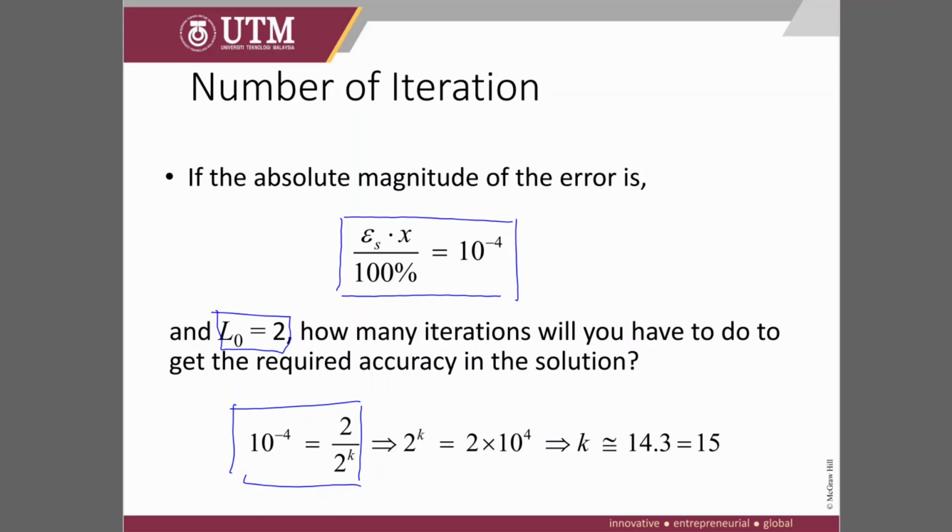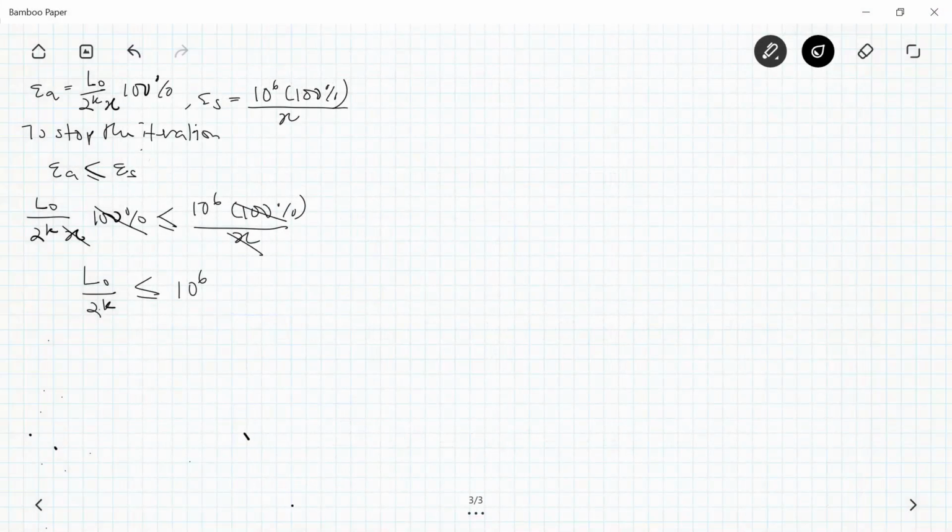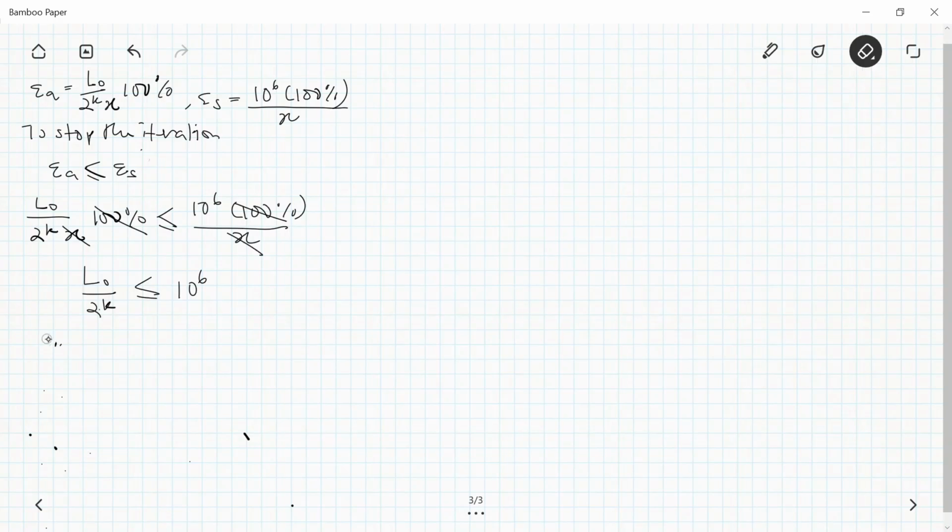So let's try to solve this. We know that our L naught is equal to 4. And when we substitute this, we get 4 over 2^k should be less than 10 to the power of, oh, this is minus 6. I think this is minus 6.